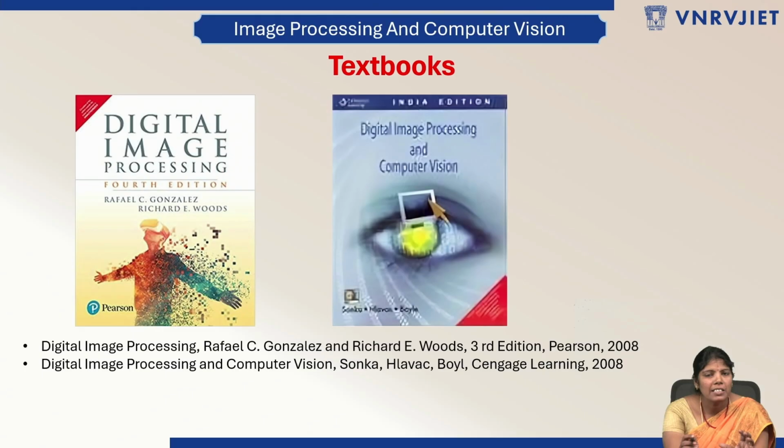An image is represented with the help of the function f(x, y), where x and y are the spatial coordinates and f represents the intensity of that particular image. Also, how humans are able to see an image and the process behind this, I have covered that topic.